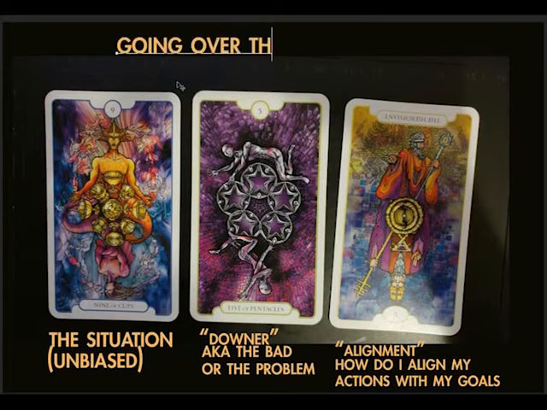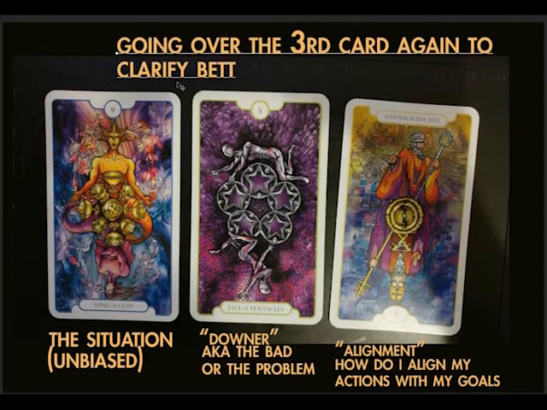Basically the 3rd card is, how do I align my actions with my goals? What can I do so that I'm actually doing something that will achieve what I want? So for example, in a career spread, it could be, what can I do to get the job that I want? What are the actual things that I can do?